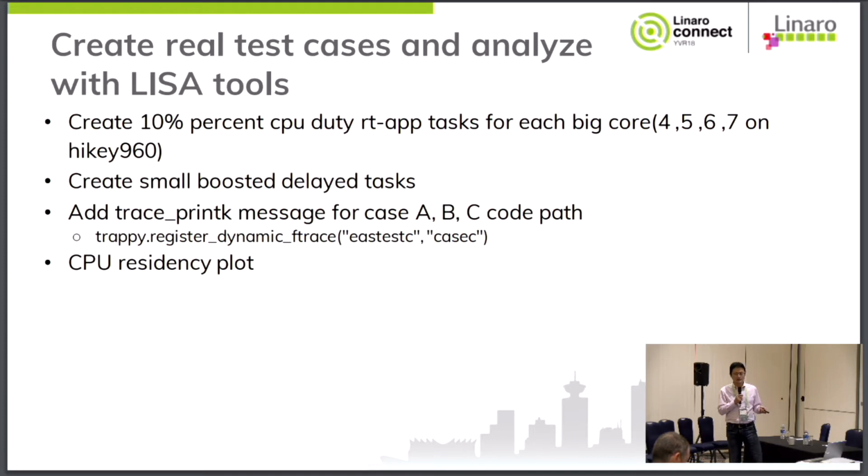So we created a Lisa notebook to reproduce this case assumption and analyze it. We added some customized trace_printk, like Valentin did, and the Trappy module in Lisa can catch this custom signal and plot the CPU residency.